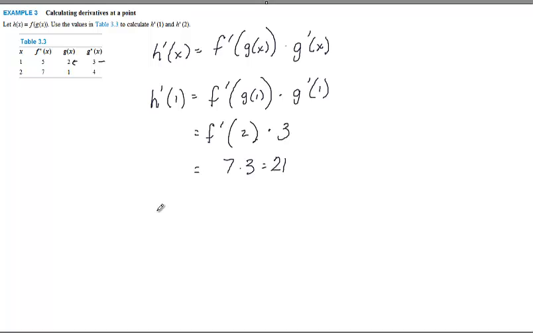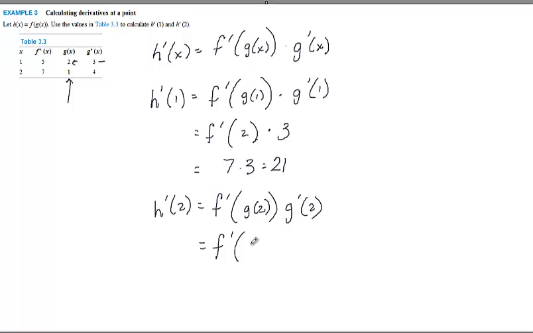Play again with a 2. h prime of 2 equals f prime of g of 2 times g prime of 2. g of 2 is a 1, times g prime of 2, which is a 4, and then I need f prime of 1, which is a 5. 5 times 4 equals 20.